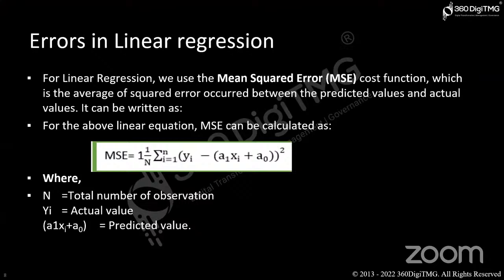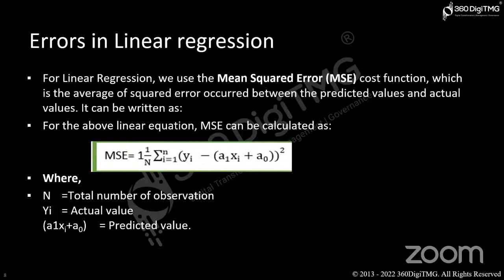Let us discuss errors in linear regression. We use the mean squared error, MSE, cost function, which is the average of the squared error between the predicted values and actual values.